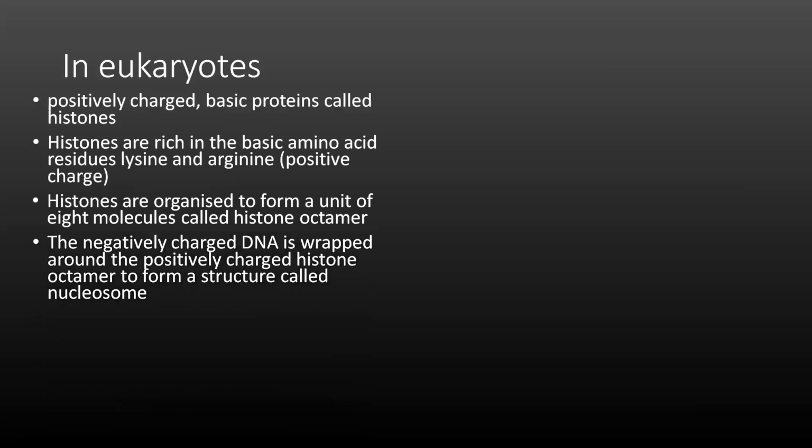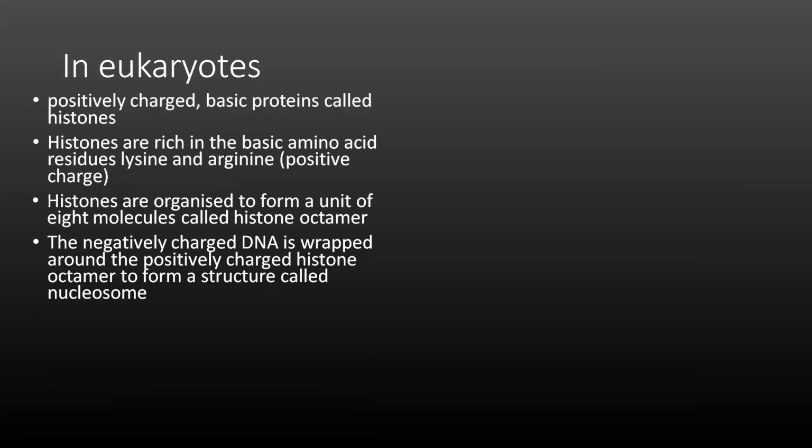The negatively charged DNA is wrapped on this octamer. Since DNA is negatively charged and histone is positively charged, they will come close to each other. This negatively charged DNA is wrapped around a positively charged histone octamer to form a structure called a nucleosome. So you write: nucleosome is equal to histone plus DNA.